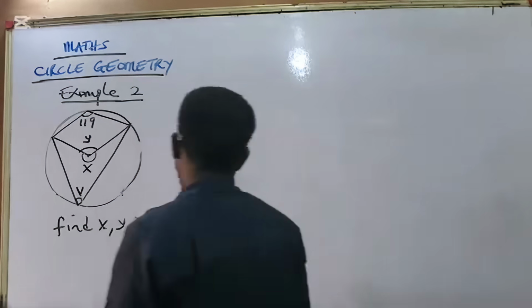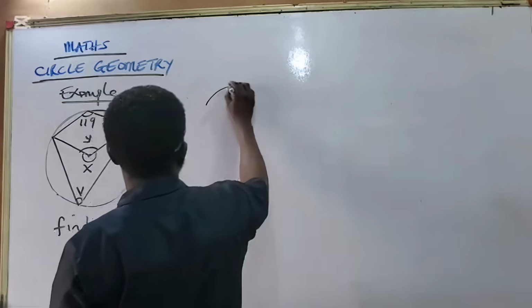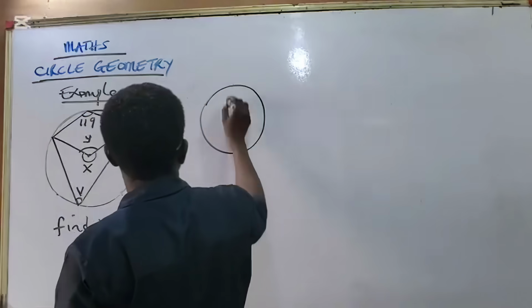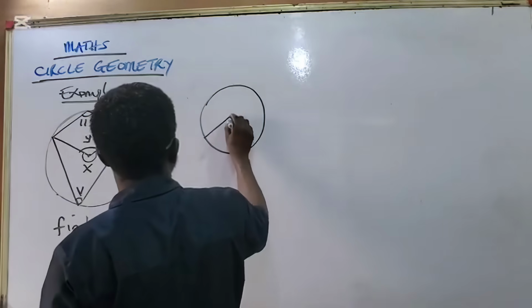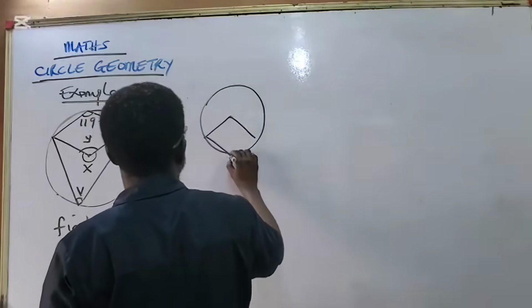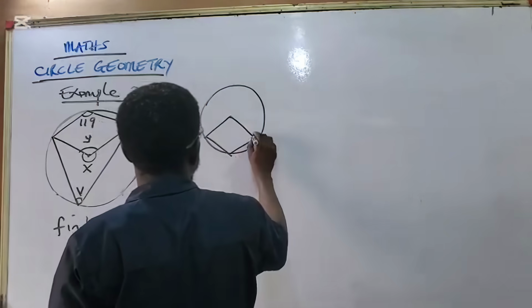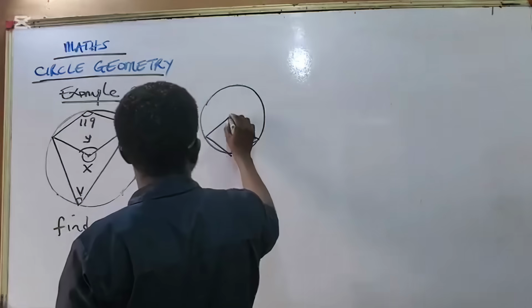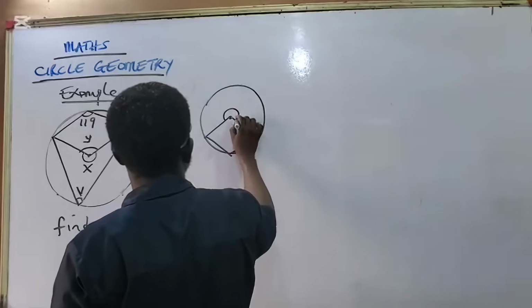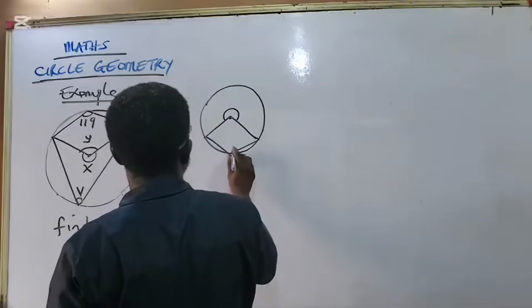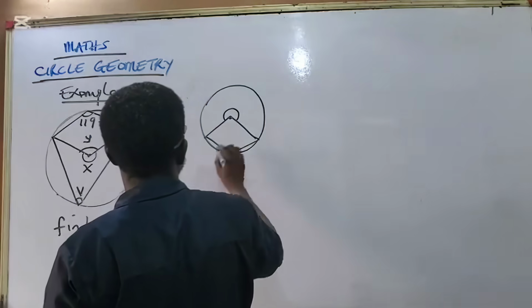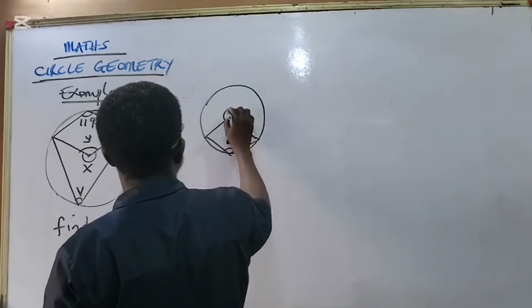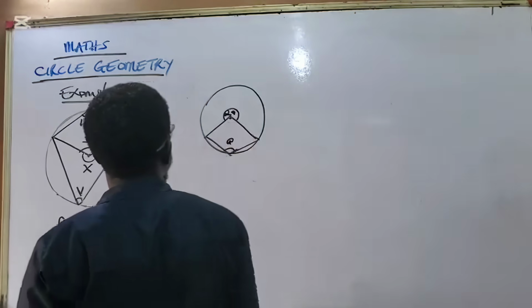If you look at the example I gave you, under angle at center twice circumference, there was one I gave you like this. Whatever is here, if there's a, then here will be 2a.